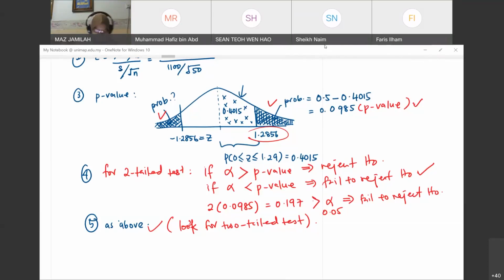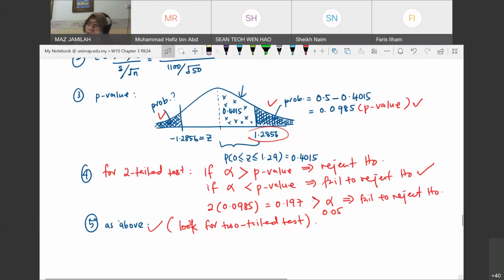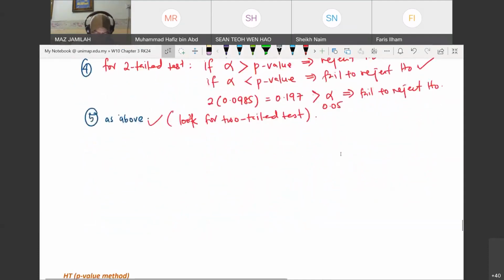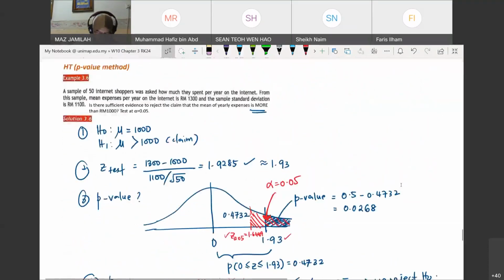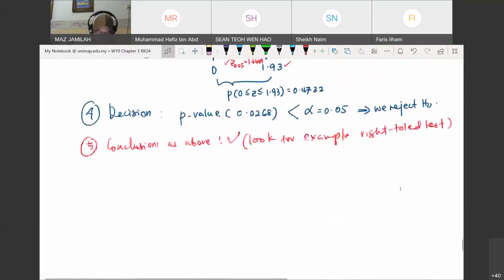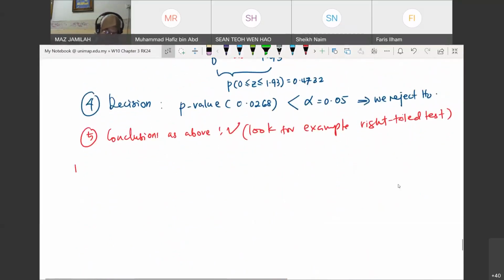Because we have much time, exercise 3.4. Let's say number 2 seems a bit shorter.